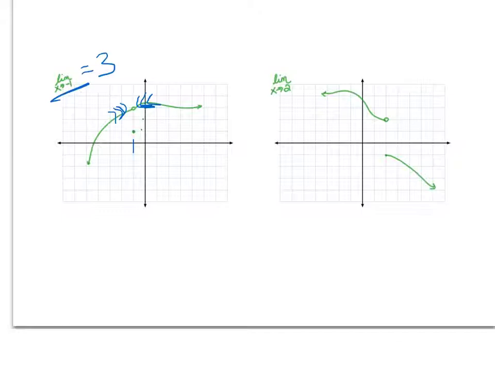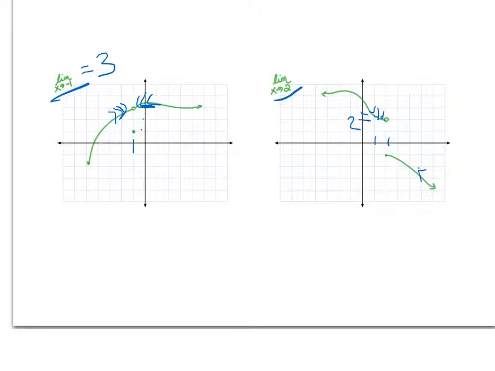One thing to point out about limits: if the left side of the function and the right side of the function do not approach the same thing, we say that the limit is undefined. So let's look at this function here. Notice as I approach x equals 2, so 1, 2. If I'm coming on the function from this side, notice my y values are getting closer and closer to a y value of 2.